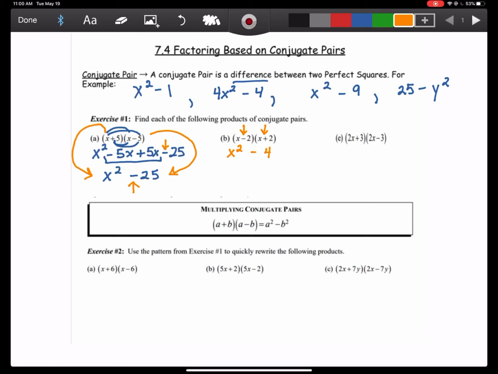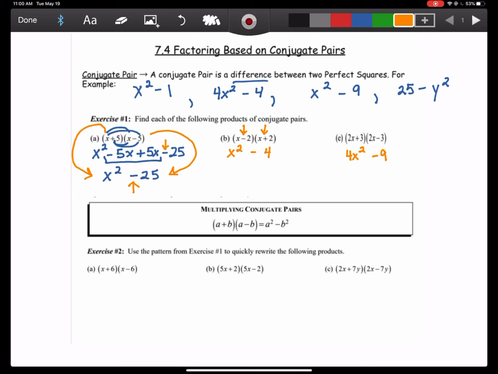Square the first term, 2x times 2x. So in other words, multiply the first terms, and we get 4x squared, and then multiply the last two terms. We get negative 9.